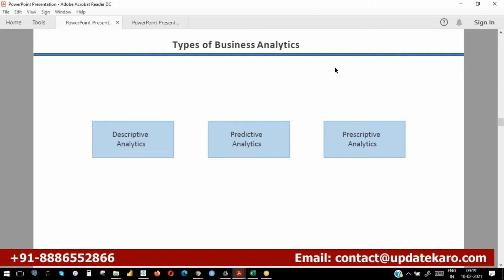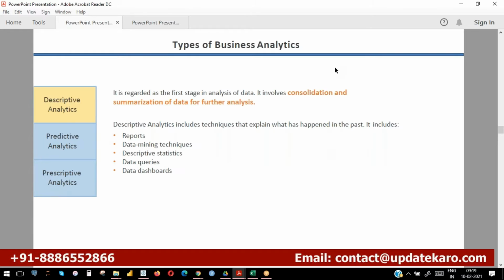Right? So what is descriptive analytics? Here we have an important term that you should keep in your mind when you say descriptive analytics.